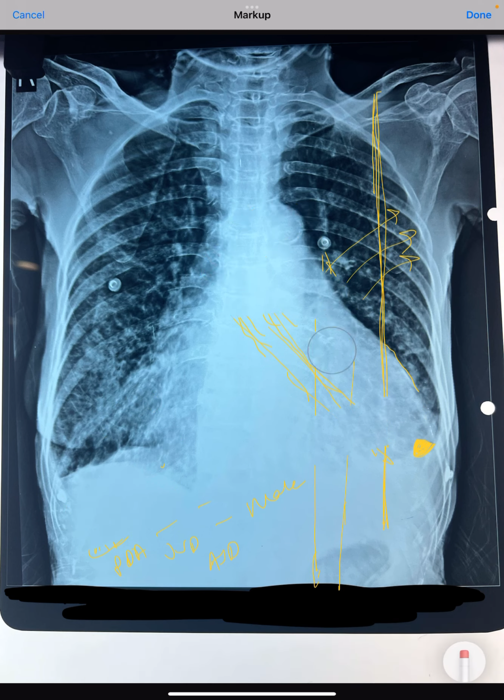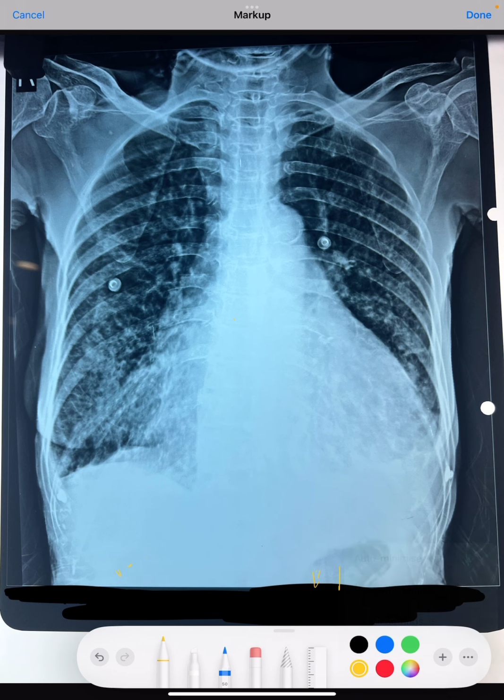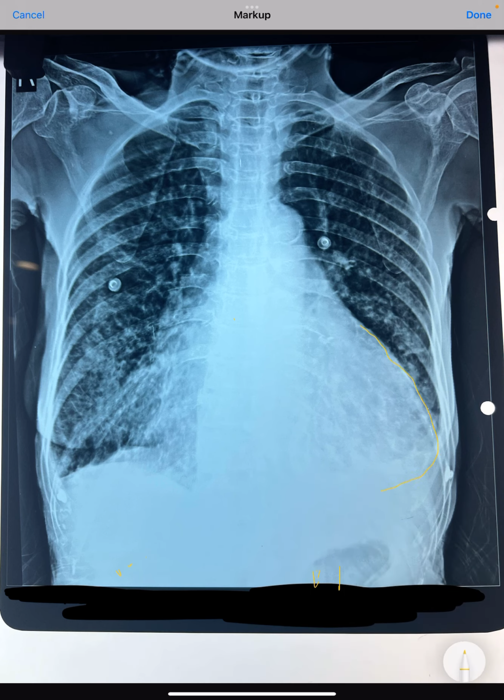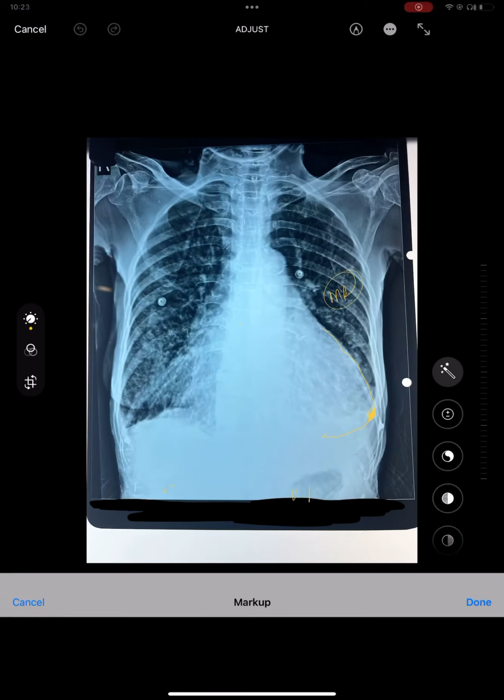So this particular patient had severe MR which had caused large volume overload and dilatation of the left ventricle and shifting of the apex to the downside and lateral side. So this patient particularly had severe MR.